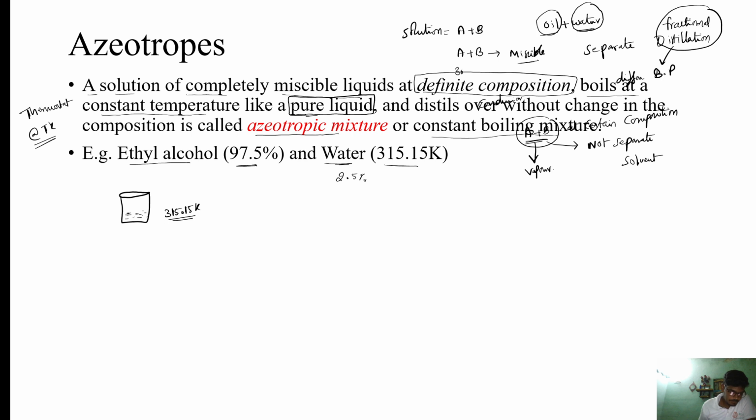So even after some period of time, suppose here time is 0 minutes, and you boil this solution at 315.15 Kelvin for say 15 minutes, and since you are boiling at the boiling point, you know the vapor is in equilibrium with the liquid phase.